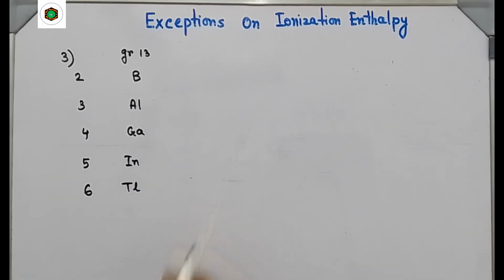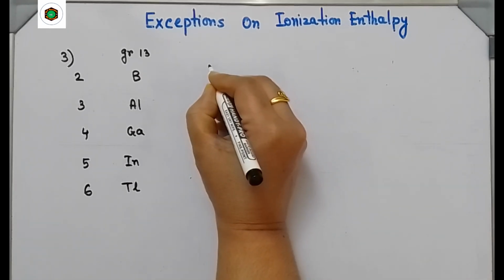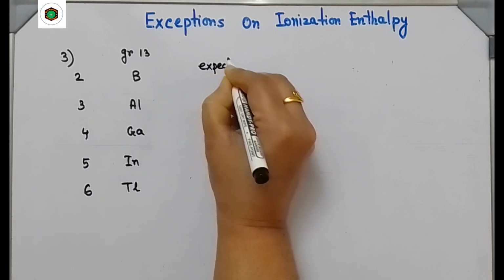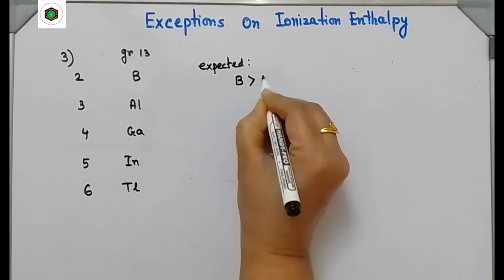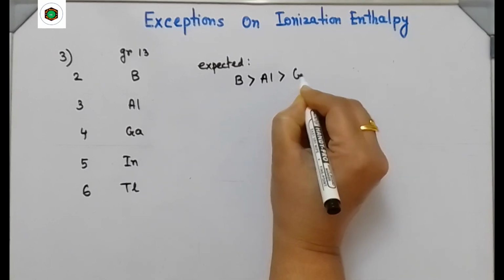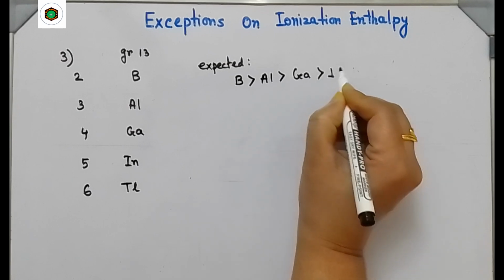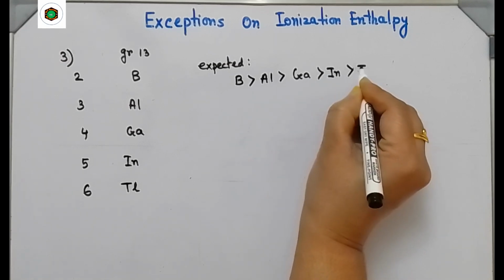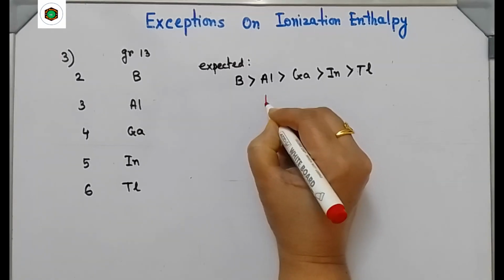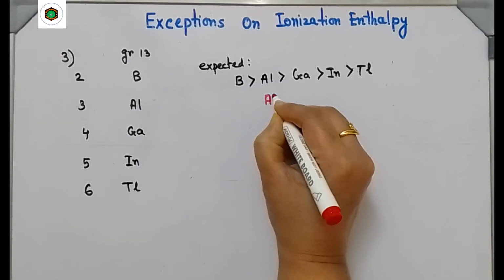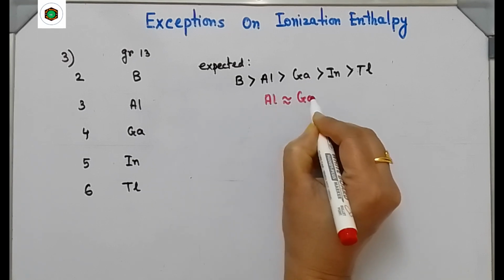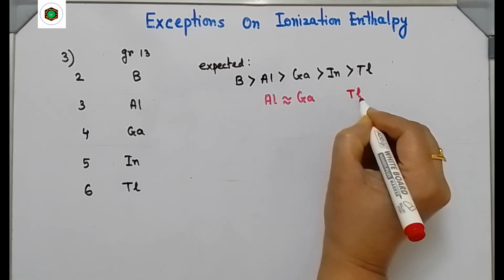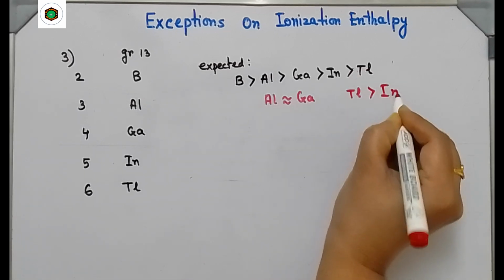So down the group ionization enthalpy should decrease. Therefore, expected order is this one. But here observed value for aluminium is almost similar to gallium, and thallium is having higher ionization enthalpy than indium.